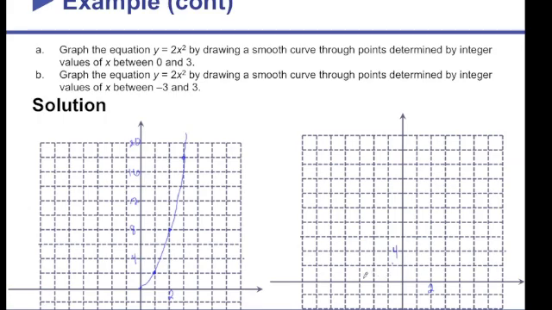So we will have -3, 18, -2, 8, -1, 2, 0, 0, 1, 2, 2, 8, and 3, 18, and drawing our smooth curve.